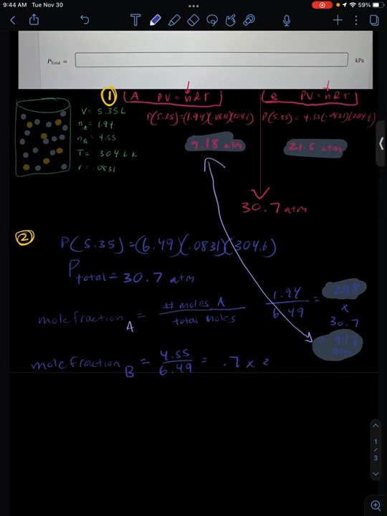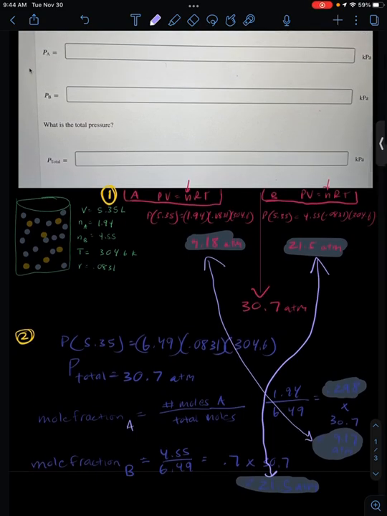Multiply that by 30.7 and we get 21.5 atmospheres of pressure, which is the same thing as what we got up here.